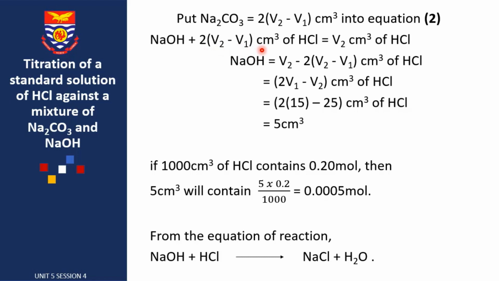We have been able to find the volume of acid that reacted with the whole of the sodium carbonate, and that we had the relation Na2CO3 is equal to 2 times (V2 minus V1). Okay, so we just have to put this in place of the sodium carbonate in this relation.